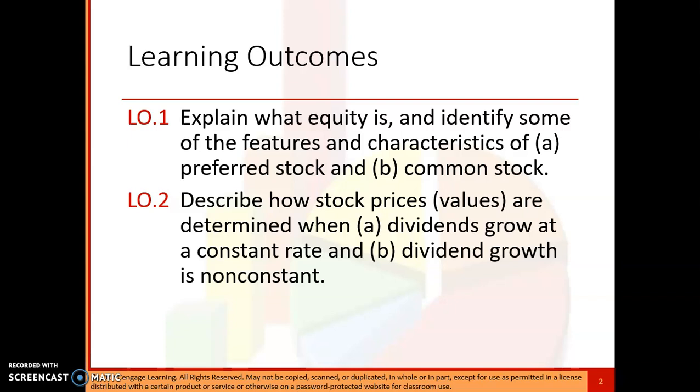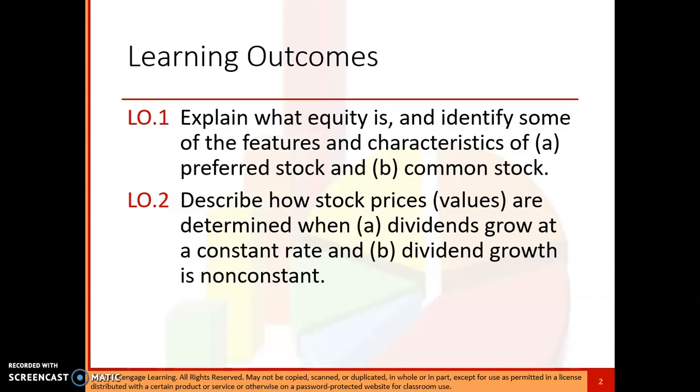When you think of a constant rate, think of an established company whose business plan is pretty well set. A non-constant growth would apply to a younger company, so a startup or some company in the early stages of growth.